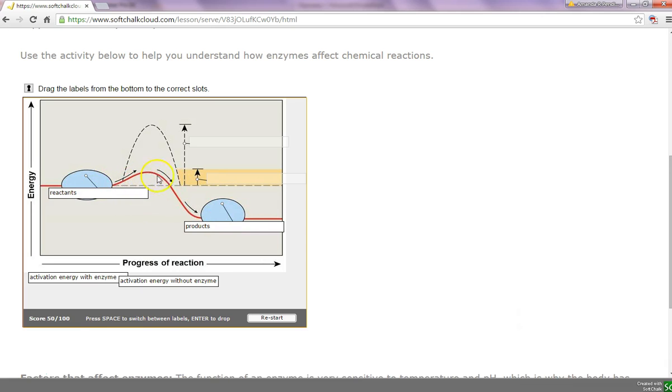Now you may see there's a little dip here, there's a red line, and then you also see this dotted black line. Okay, so let's think about this for a minute. What's happening? Well, as we move from reactants to products, this axis right here is energy. And you notice, let's follow the dotted black line first. This is how much energy we have to move from reactants and products.